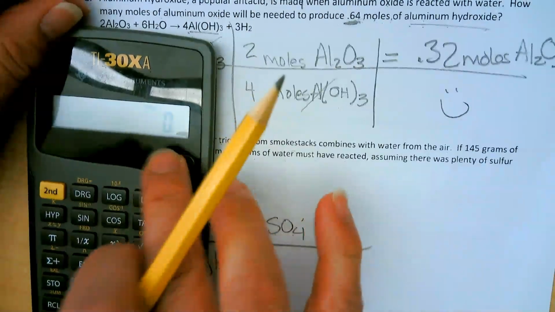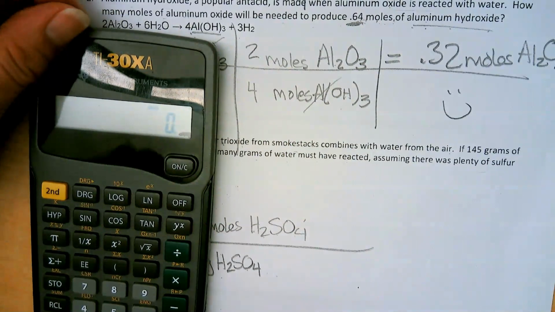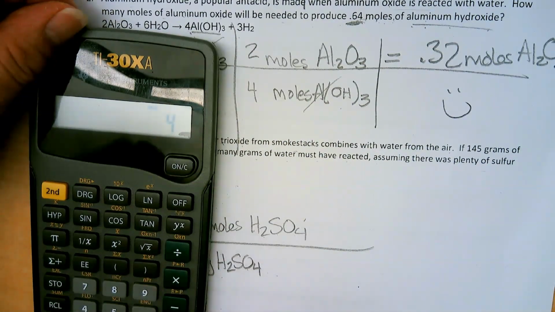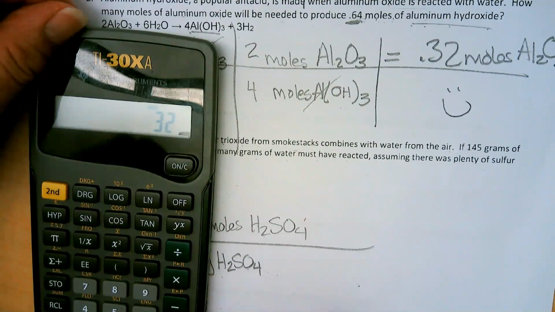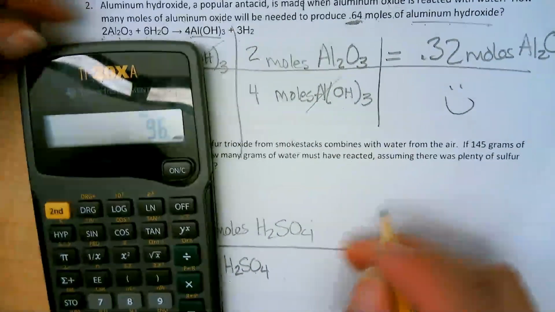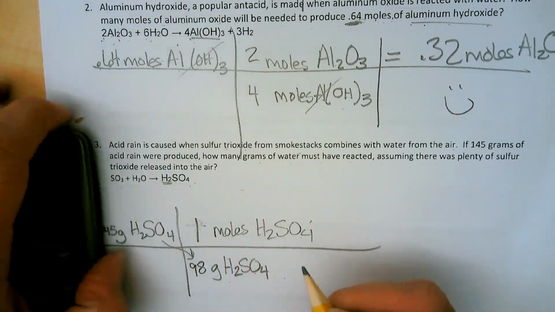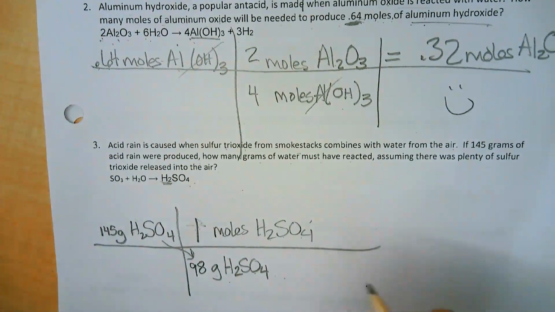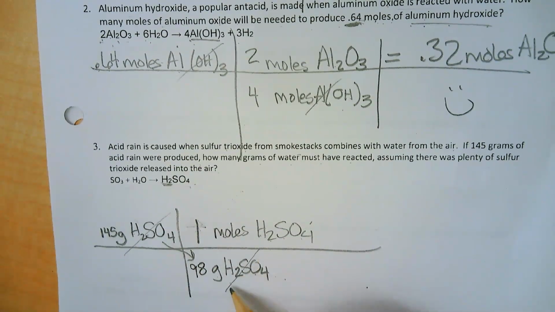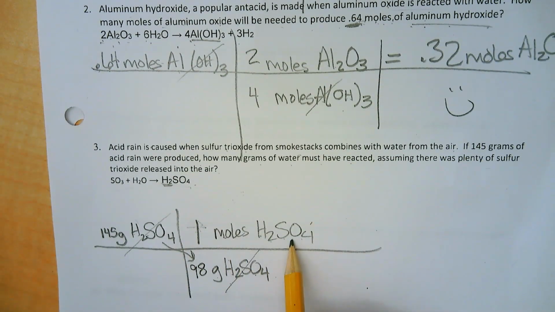What have I done? No. Okay. So it was plus 2 is 98 grams. All right. So now we cancel out our grams of H2SO4 and we have moles of H2SO4. But what are they asking for?